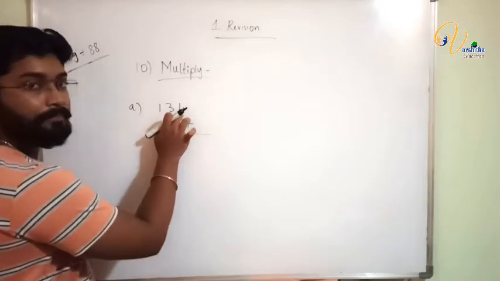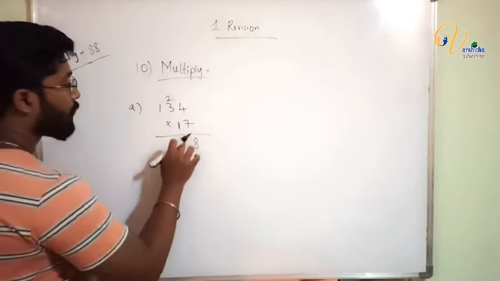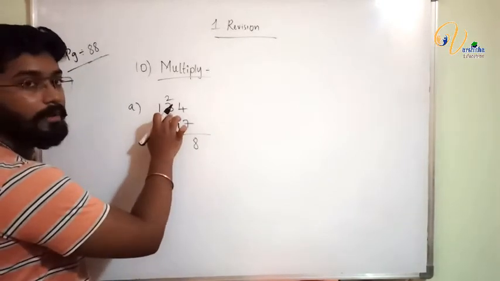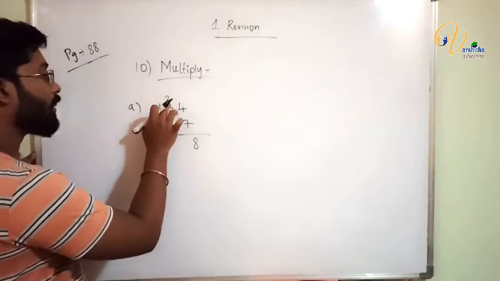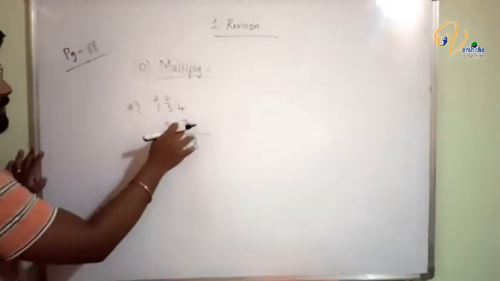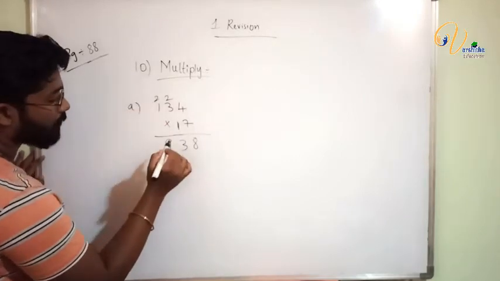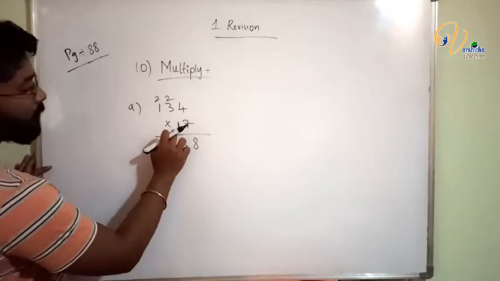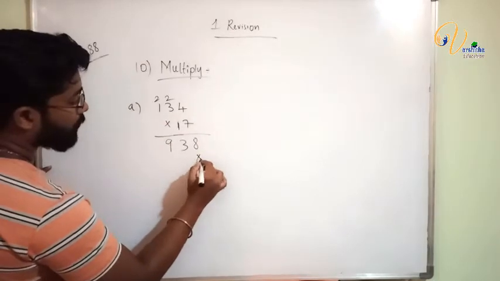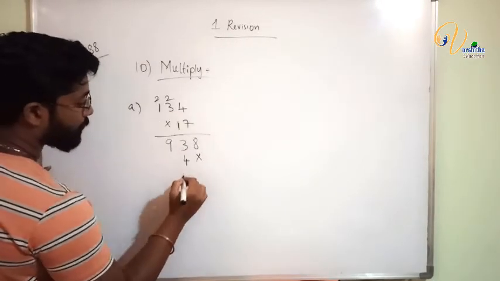Okay. 7, first you have to do the multiplication with 7. 7 4s are 28. Okay. 7 3s are 21. Here 2 carries. 21 plus 2, how much? 23. Okay. 7 1s are 7. 7 plus 2, 9. Next. Here, leave 1 digit. 1 4s are 4.